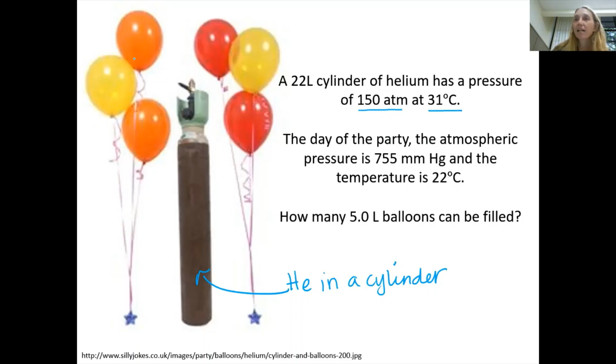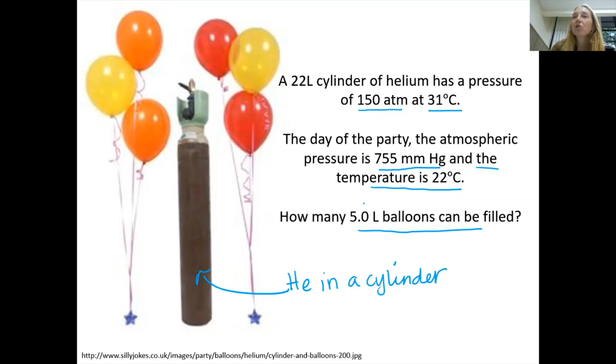And on the day of the party, the atmospheric pressure, the pressure around us, is 755 millimeters of mercury, and the temperature is colder. The temperature is 22 degrees Celsius, which is about room temperature. So it's cooled off a little bit. It's a perfect day for a party. And we want to know how many liter balloons can be filled.